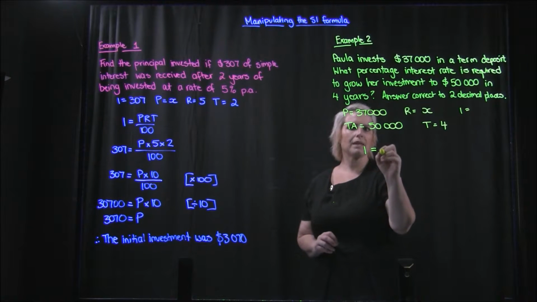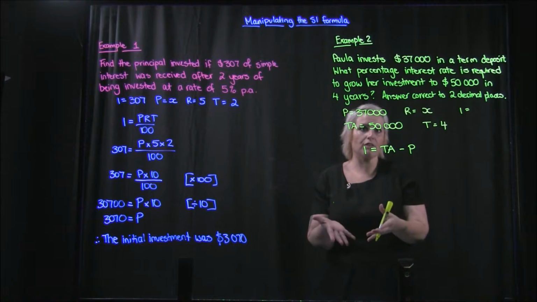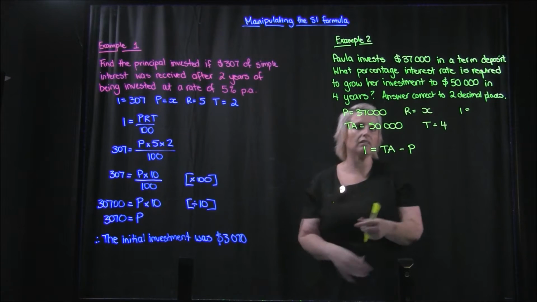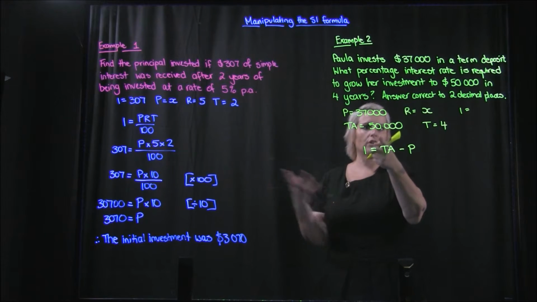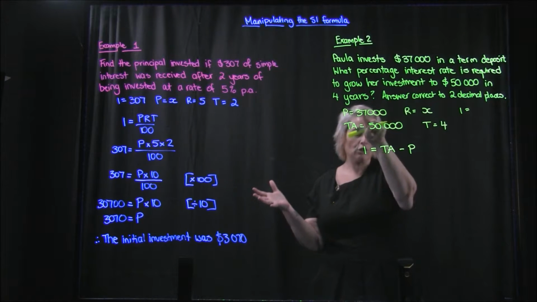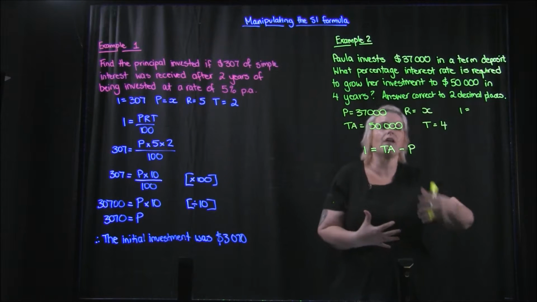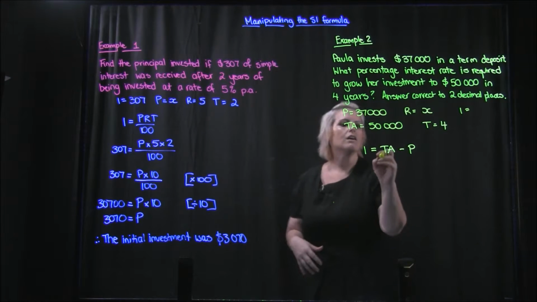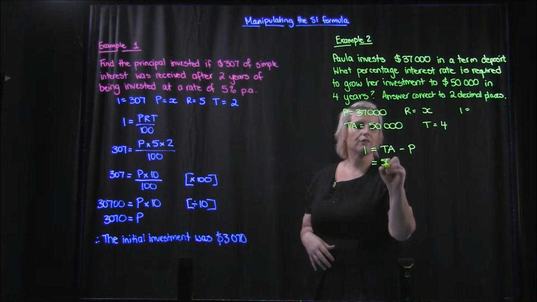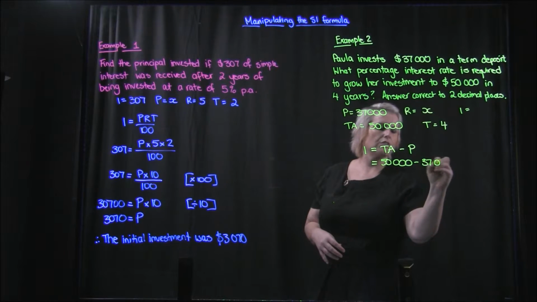The interest is going to be equal to the total amount minus the principal, what she put in the first place. So she put 37,000 in. Her return is going to be the difference between the 50,000 that she got, that includes the principal. So she gets back her original investment plus all of the interest that she's made. So her total amount is 50,000, and we're going to take 37,000.